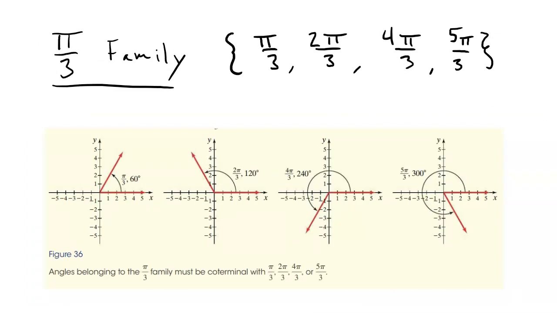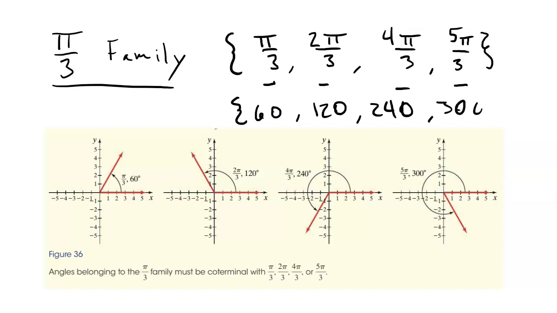The next family is the pi over 3 family. And here we have the set of its members: pi over 3, 2 pi over 3, 4 pi over 3, and 5 pi over 3. Again, in the figure, you can see the degree measures of all of these angles are 60, 120, 240, and 300. So in order to be a member of the family pi over 3, angles have to be coterminal with one of these members.